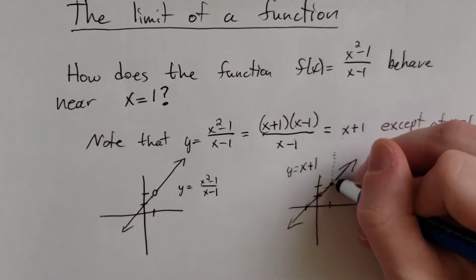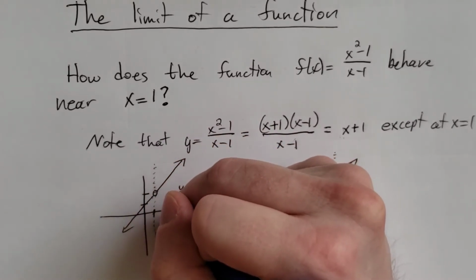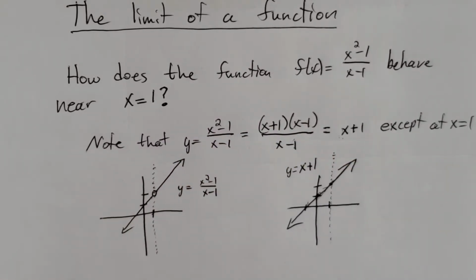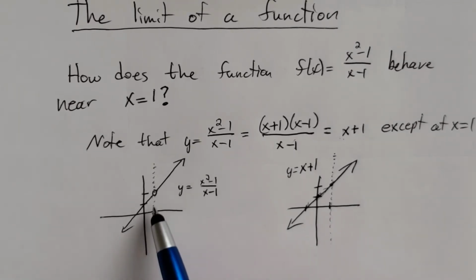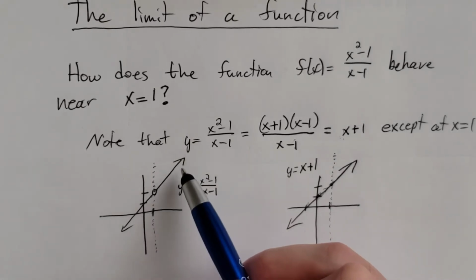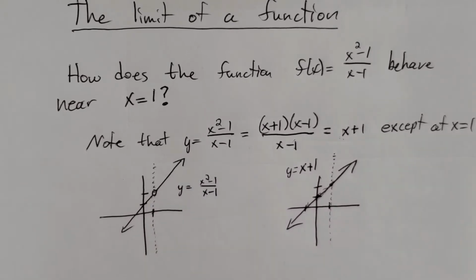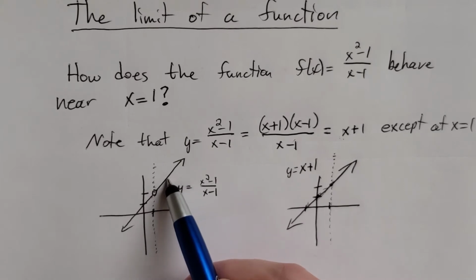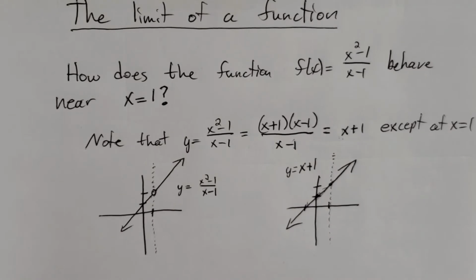And what I like to do is draw a vertical dotted line when we are talking about these limit problems at x equal to whatever value we're looking at, which we're looking at x equals 1 here. So draw this vertical line, x equals 1. And I really want to say, well, what does the y value approach as x approaches 1? Well, as we come in from this direction, again, we approach 2. And as we come in from the other direction, we approach 2.